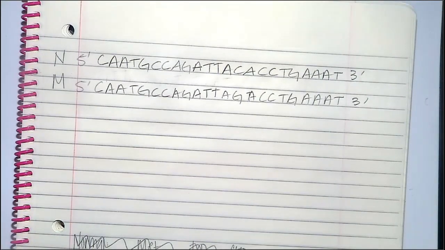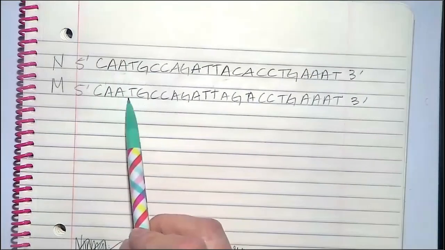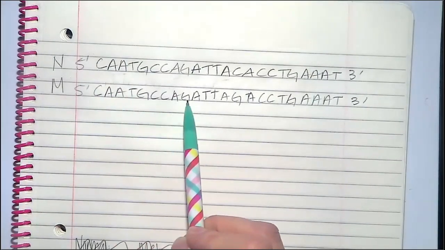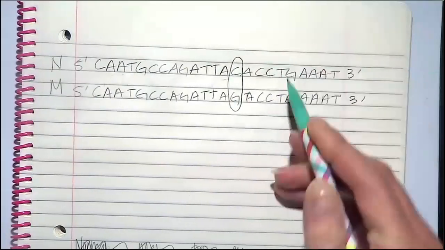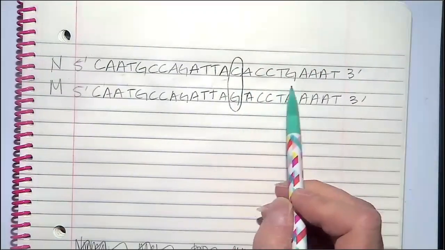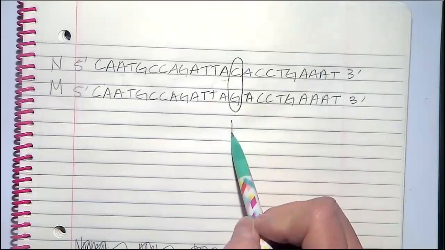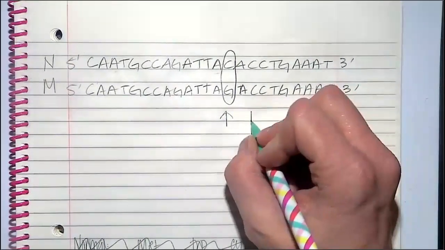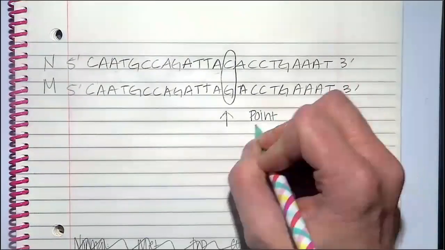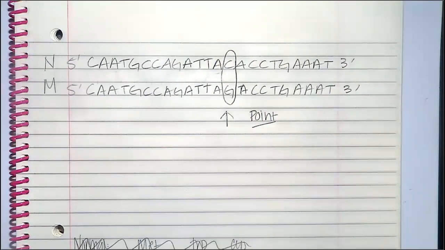And if we look at our DNA sequence, let's try to figure out where the problem is. So this looks the same here. Oh, I think I found it. But it's still the same moving here, so it's just a single base that has changed. So this would be a point mutation, right?